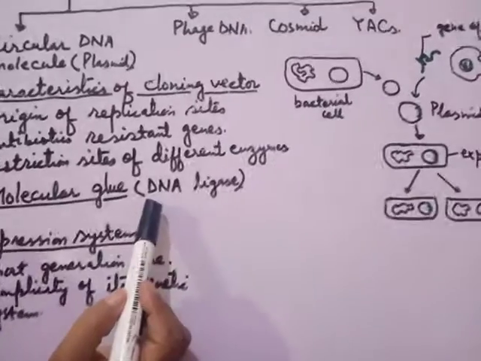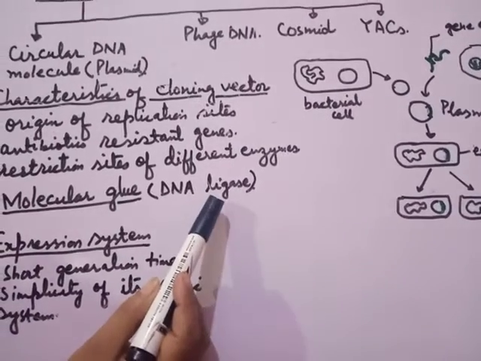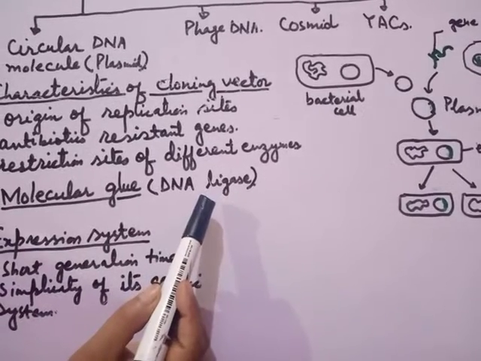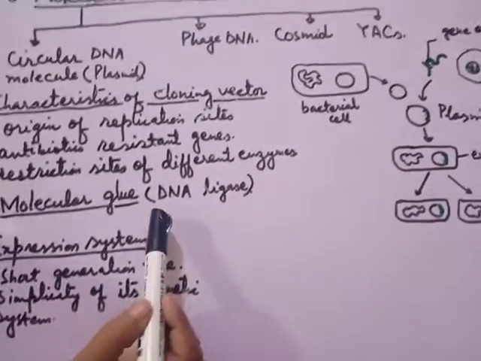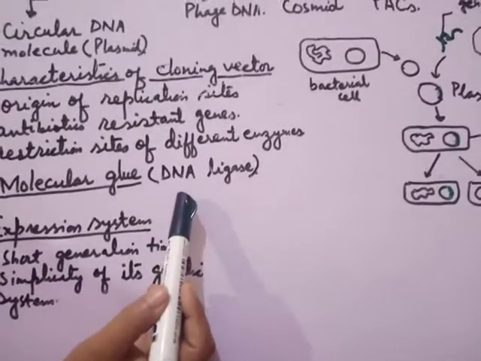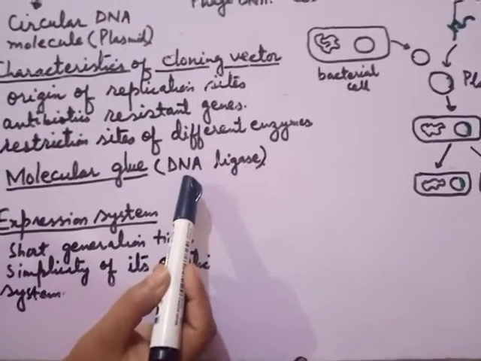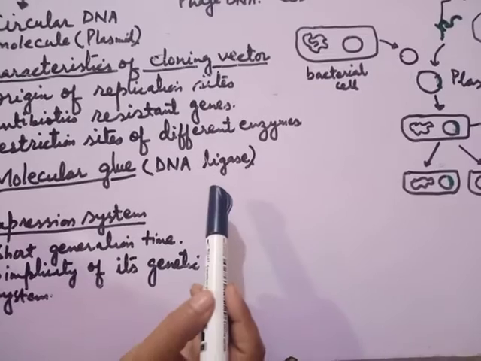DNA ligase is used to join two different DNA fragments, like our gene of interest and the plasmid DNA molecule.